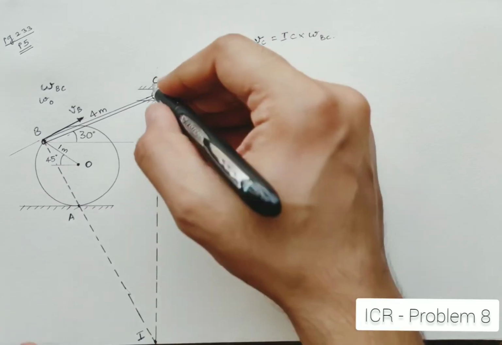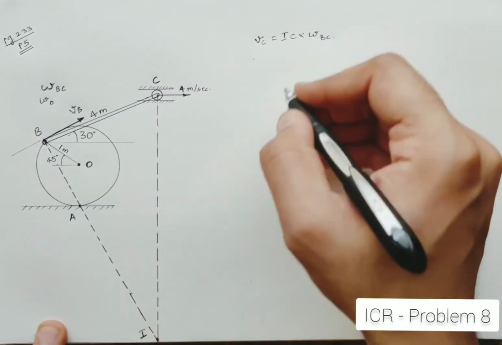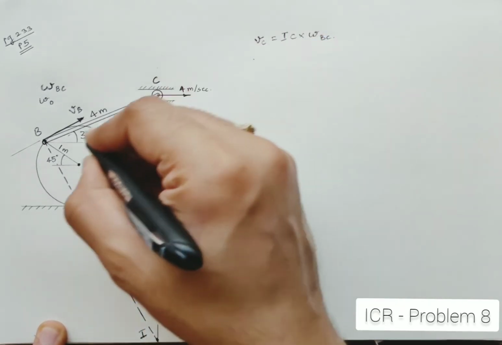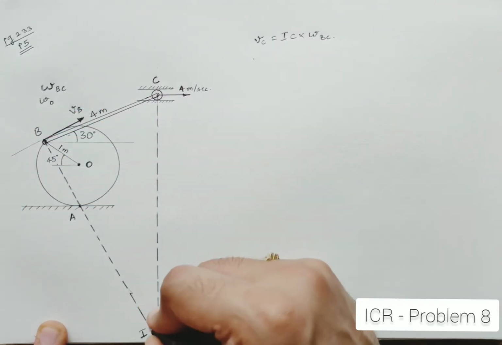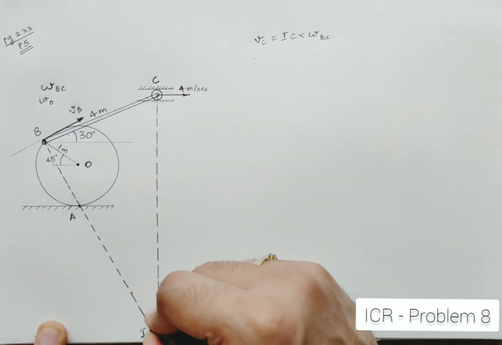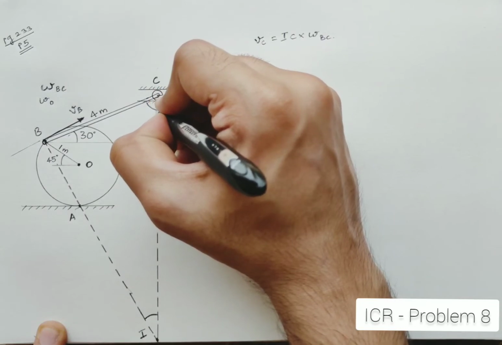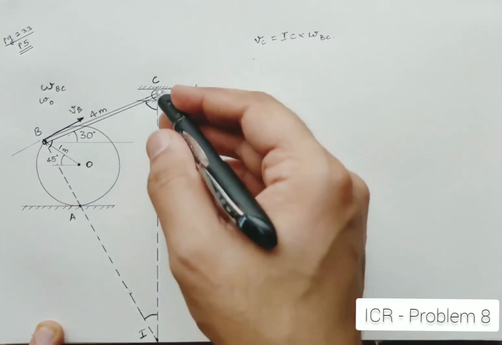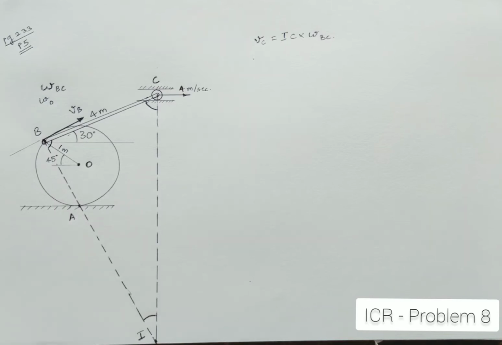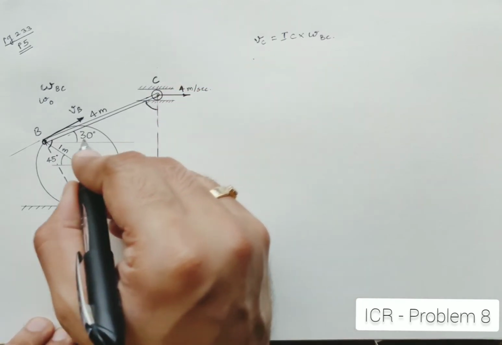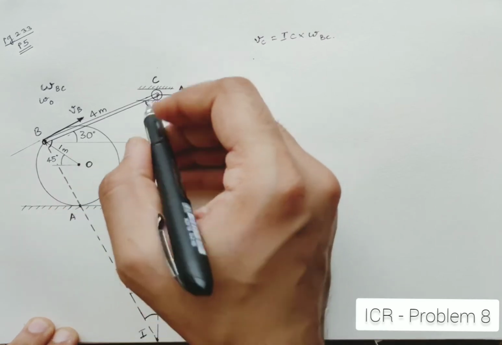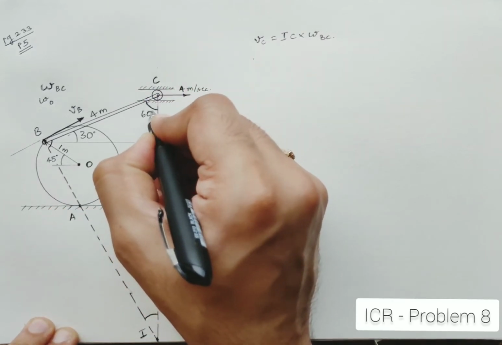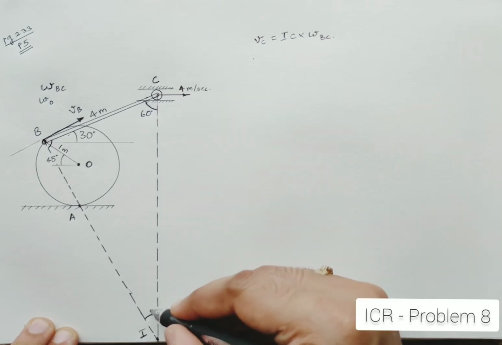Let us say in this triangle CBI, if I knew this angle and this particular angle, I could have easily found out the value of IC. And do I know that? No, I actually know only this angle, because this is given over here as 30. This definitely becomes 60, but I don't know what this angle is.